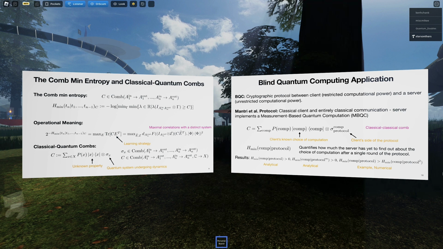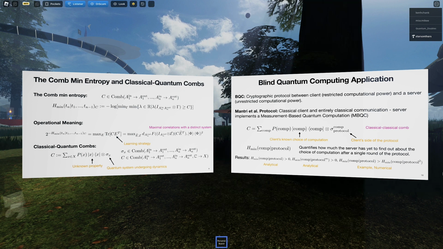If the min entropy then is greater than 0, that means that the server doesn't know this computation with certainty. There's still more to find out about this. And this is one of the results that we can show using this framework in our paper. So in a single round where we do the protocol once, the min entropy is greater than 0.